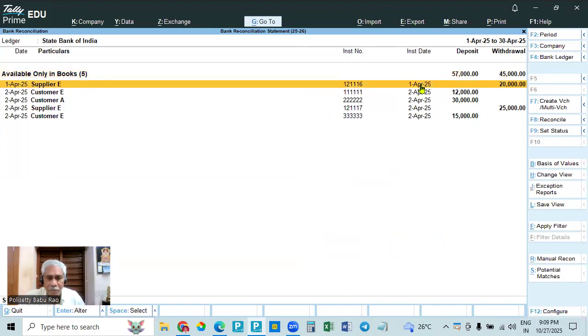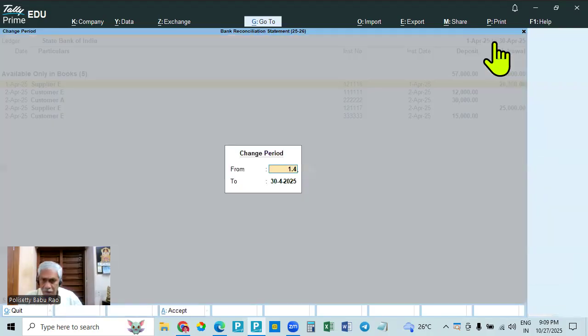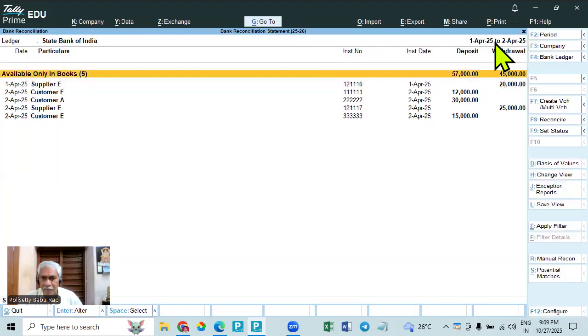This is first April, and this is second. The instrument date, April to second April, okay. And these checks are not reconciled now because they are not entered in the bank. Now we entered them, but they are not available in the bank.